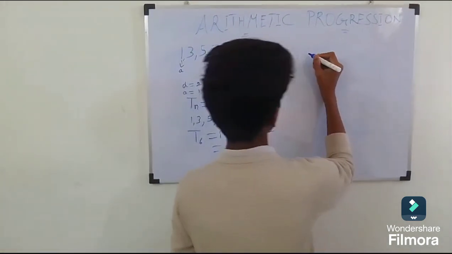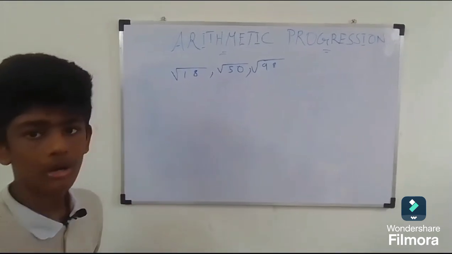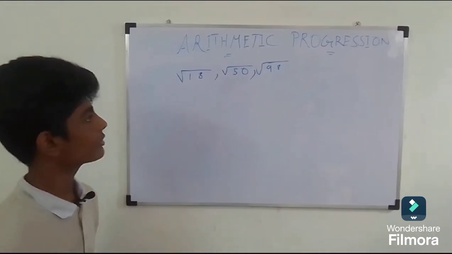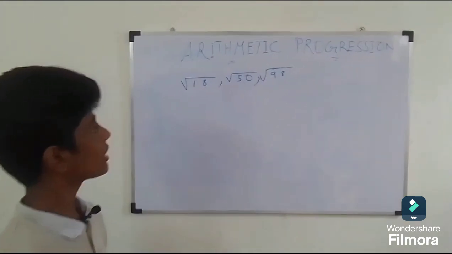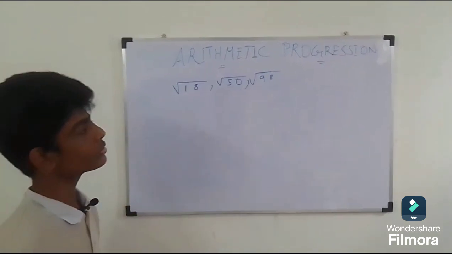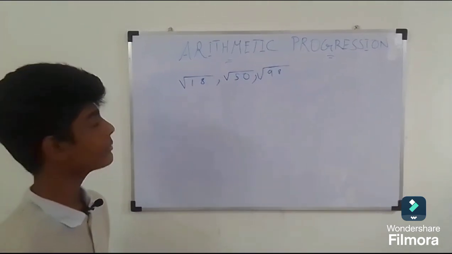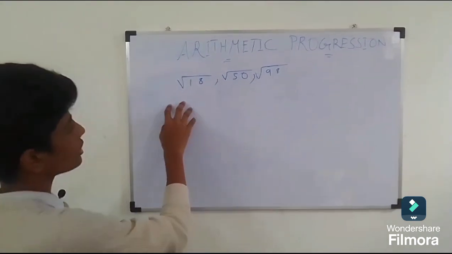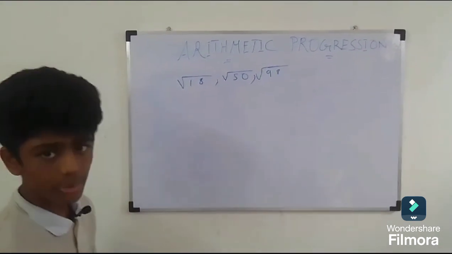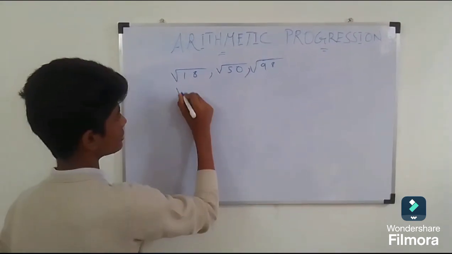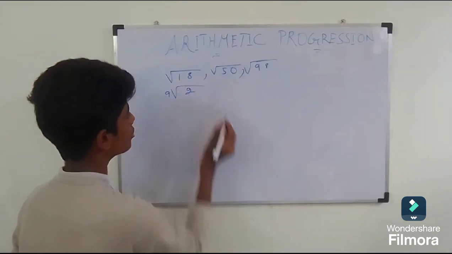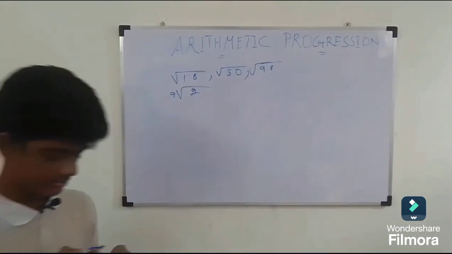So the next step of arithmetic progression is the sum of square roots. First, you might be thinking there are square roots. Yes, we have to simplify these square roots to get the answer for the term. First, you need to know the two numbers that multiply to 18, which is 9 times 2.